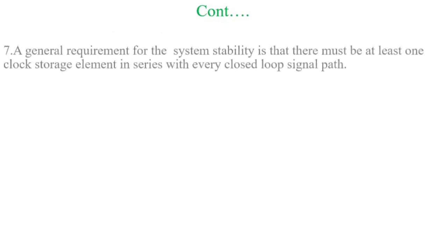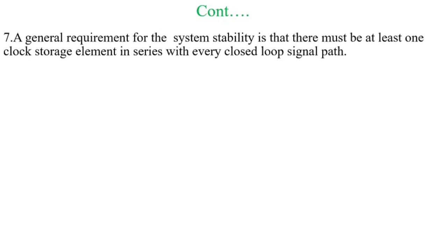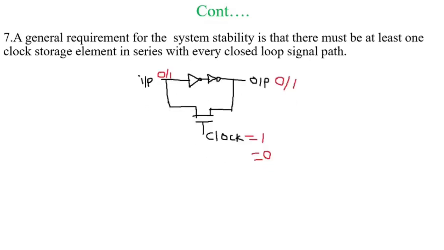And the next point: a general requirement for system stability is that there must be at least one clocked storage element in series with every closed loop signal path. It means that, for example, here we consider the D latch. Here we use two inverters, and with the help of this NMOSFET, we get one closed loop signal path.